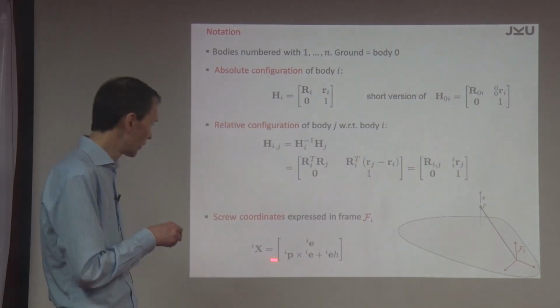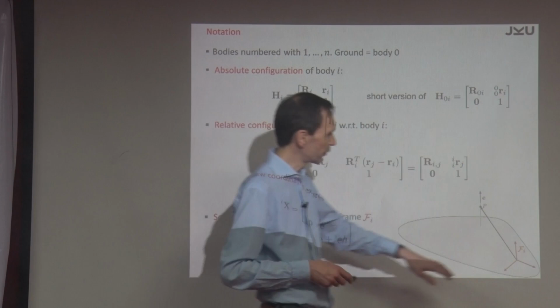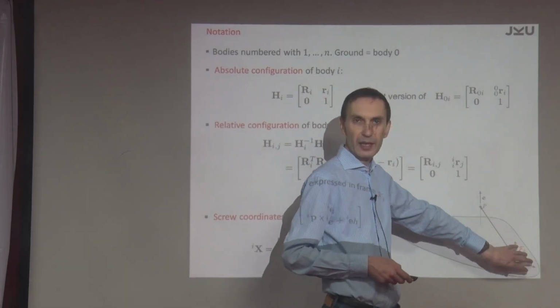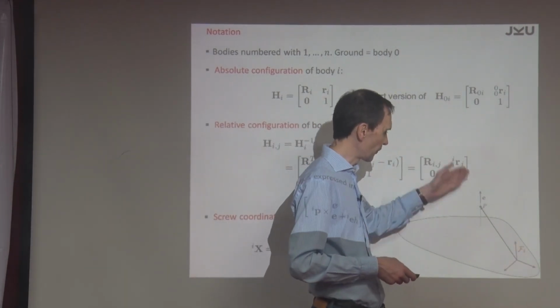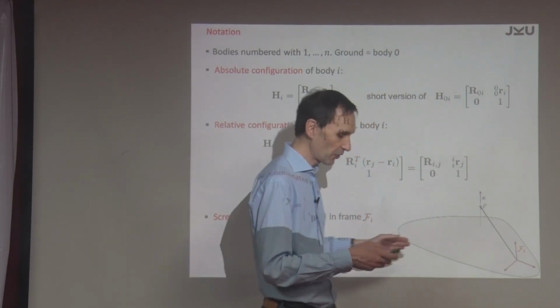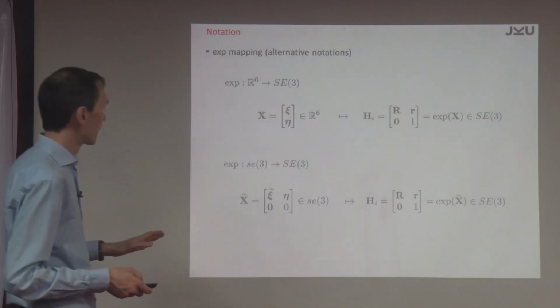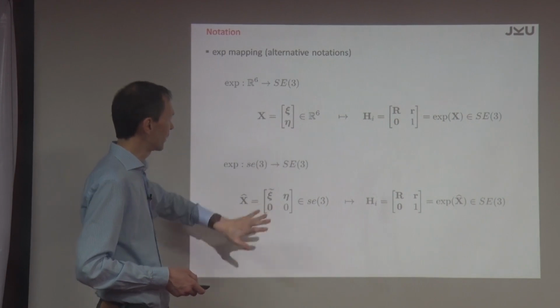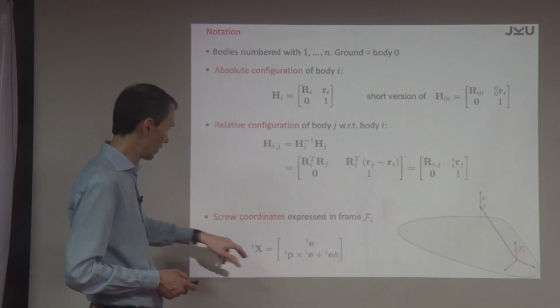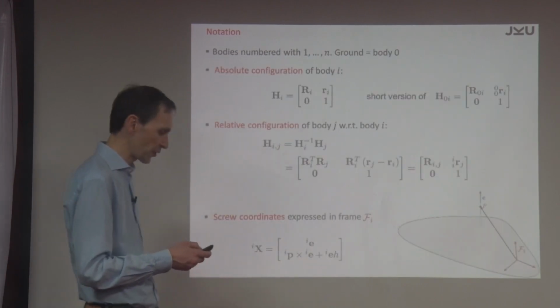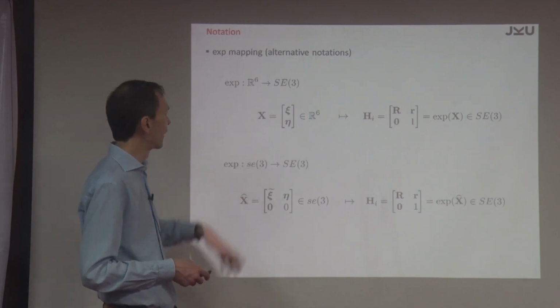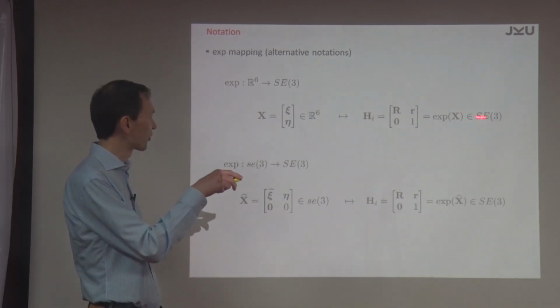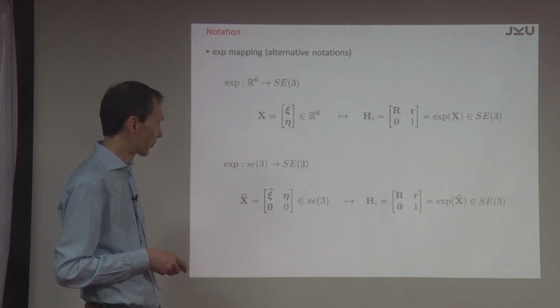If you plug this into the exponential, what we get is the motion of the frame relative to which we are measuring the screw coordinate. So this was the basic idea. These are the screw coordinates, so if you call this xi and this eta just for simplicity, then you get the homogeneous matrix by plugging it into the exponential.